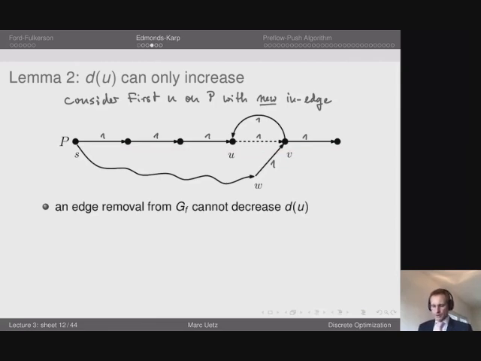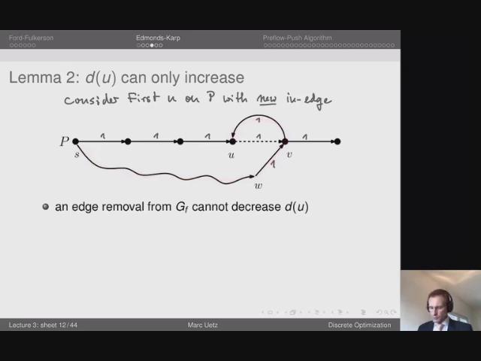And for all the vertices on this augmenting path here, let's consider the first vertex u, which obtains a new in edge, a new ingoing edge. Why does it obtain a new in edge? Well, because we were saturating an edge in that direction, and therefore in the corresponding residual graph, this might be a new edge that wasn't present before. So because of the presence of this edge here from v to u, we might have a new path actually to reach vertex u.